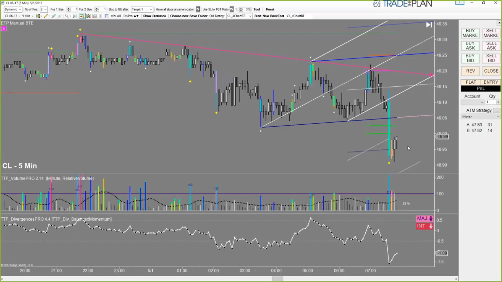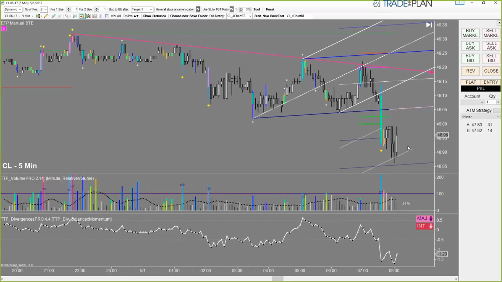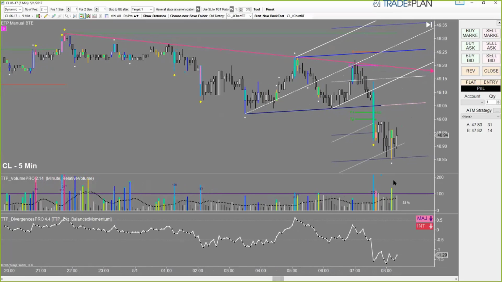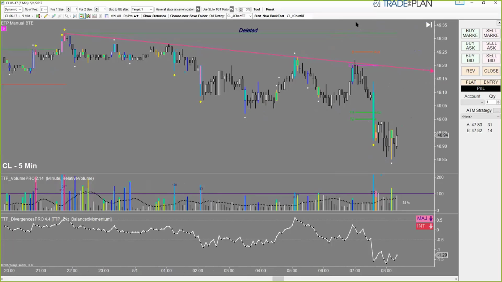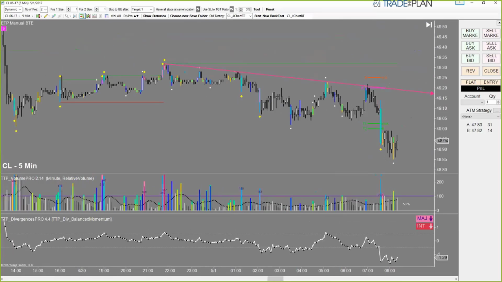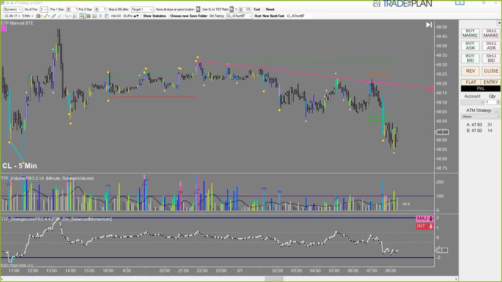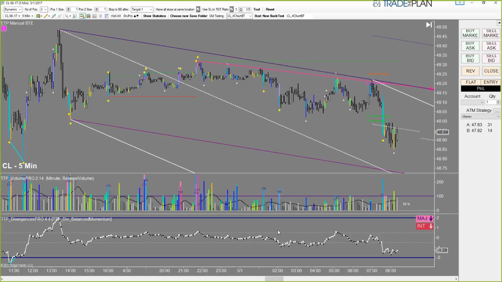So let's scroll forward a little bit. Okay, so for instance, if I wanted to take this one step further, I have a larger area that I could have traded down to down here.